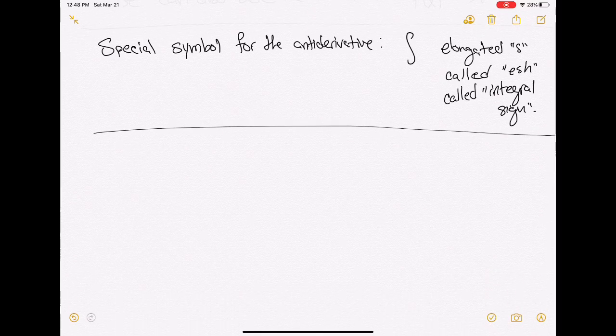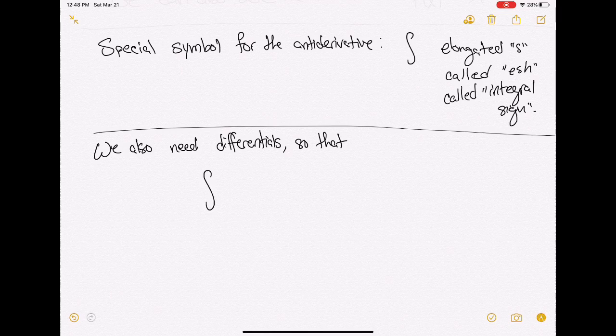We also need differentials. So that really what we write down is the integral sign f prime of x dx equals f of x.